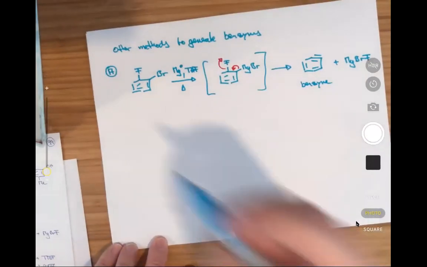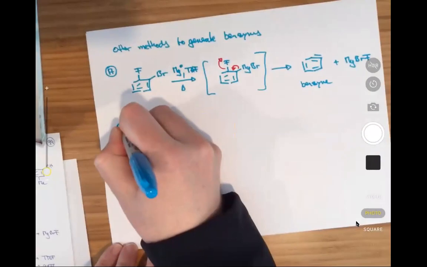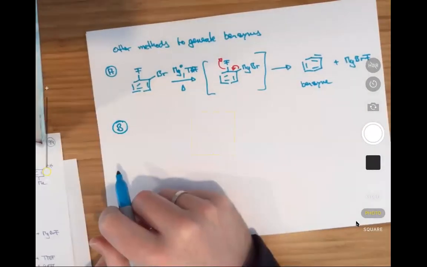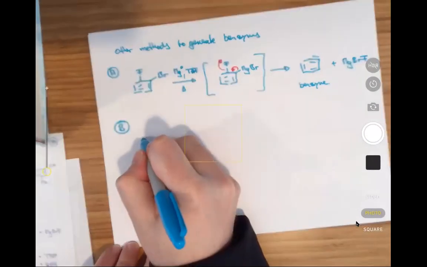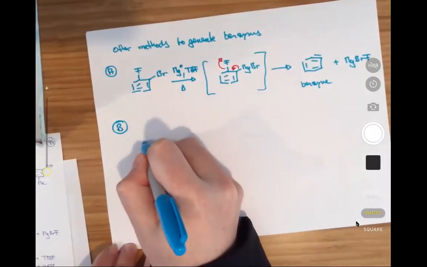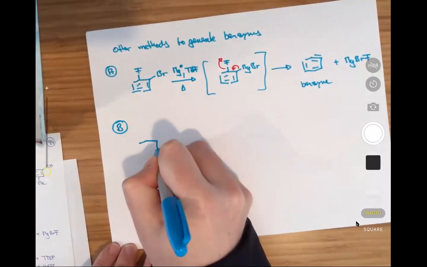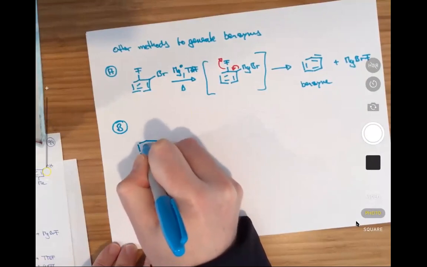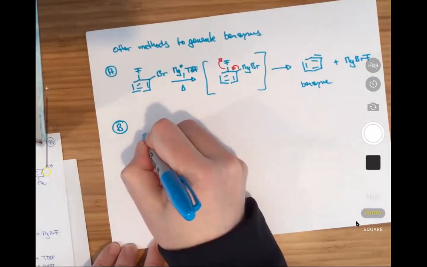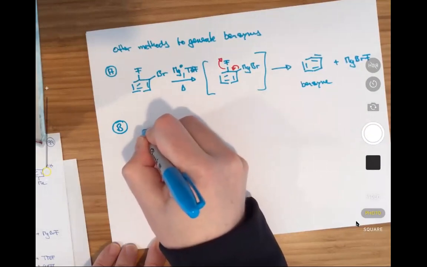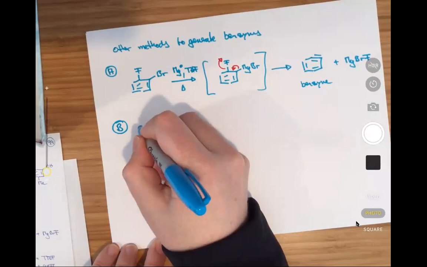Now, another way to do this that avoids organometallic reagents is to use the cleavage of silyl groups. And we've seen this previously that TMS groups, for example, are very good leaving groups if you treat it with fluoride.